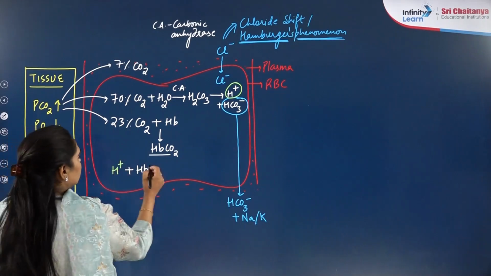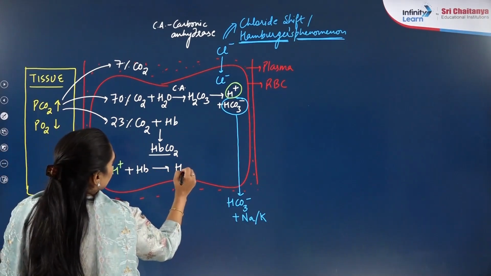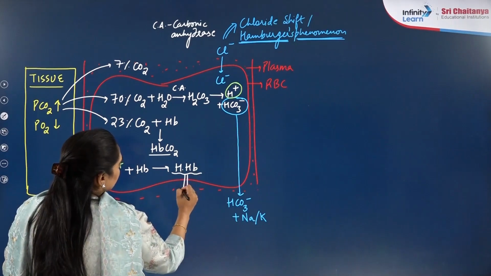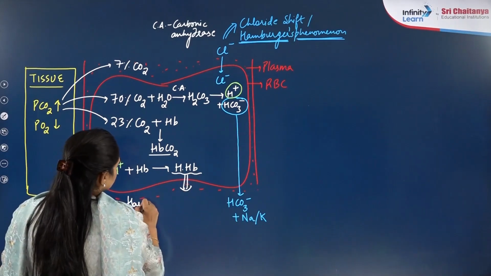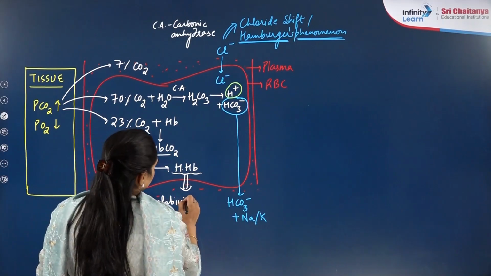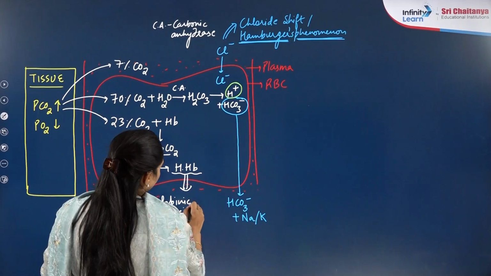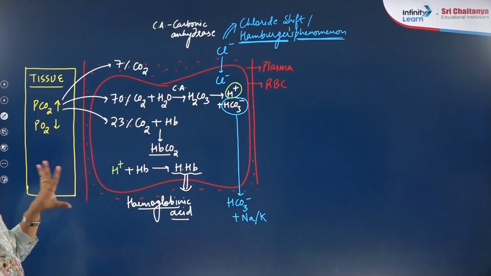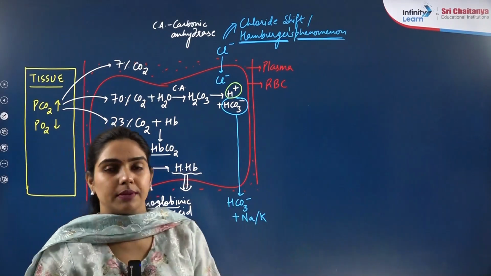So it will bind with it and make one compound that is known as HHb. This HHb is known as hemoglobinic acid. That's what happened in the tissues. Near the tissues, this is going to happen.